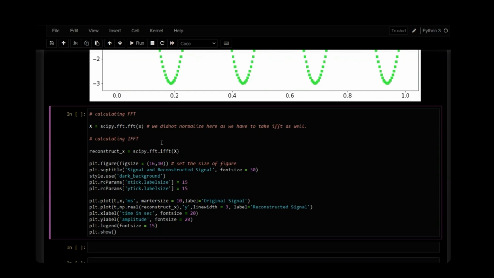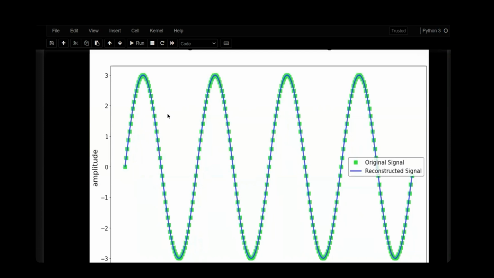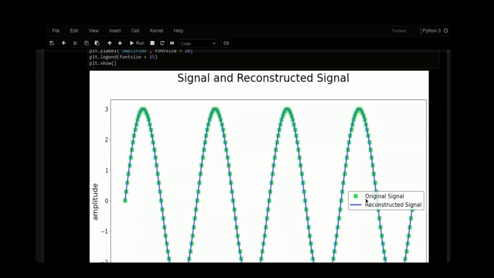So what happens when we take the Fourier transform and the inverse Fourier transform is that this transformation is a complex valued transform. And in this way, we may get some imaginary part as well. So when we have to recover our original signal after taking the inverse Fourier transform, we have to see the real part of the reconstructed signal. So let us plot this cell and see what the shape of the reconstructed signal is.